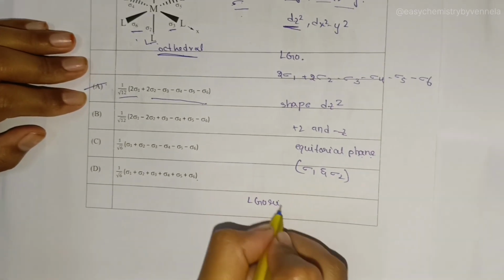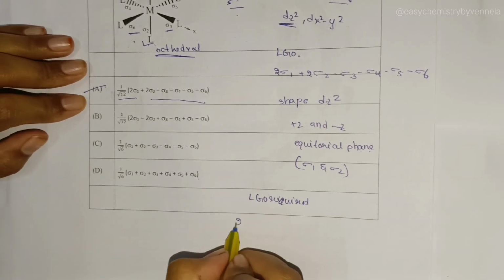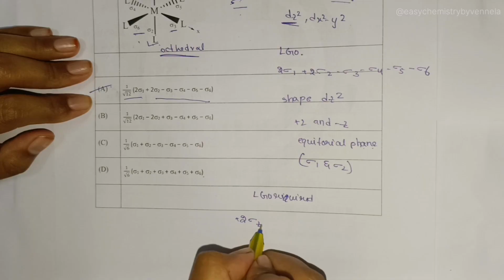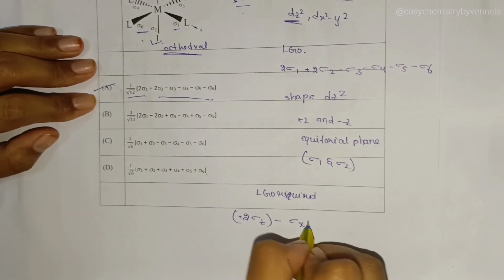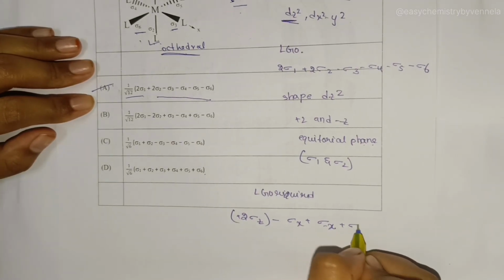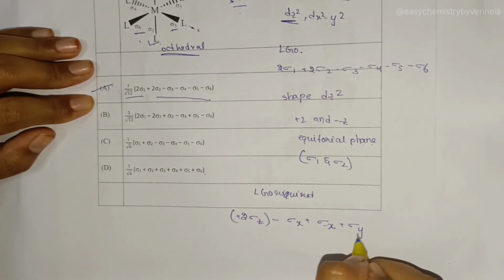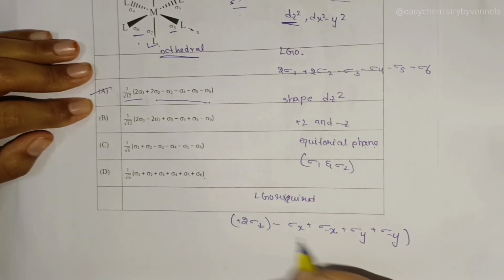The LGO required is plus 2 sigma z minus sigma x plus minus sigma x plus sigma y plus sigma minus y.